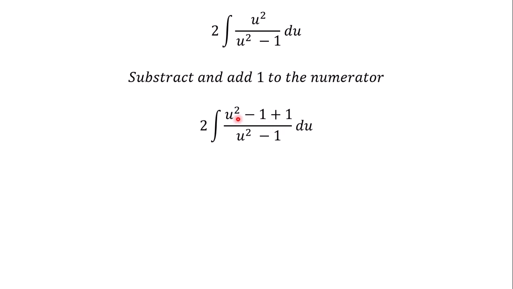When we split it, we are going to get u squared minus 1 over u squared minus 1 plus 1 over u squared minus 1.